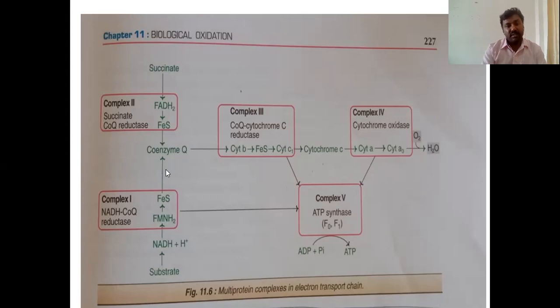This is important. We have to write and explain how the electrons transport from NADH to FMNH2, then to iron sulfur proteins, then to coenzyme Q.